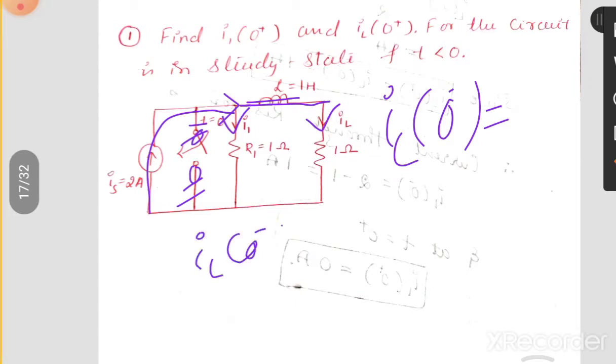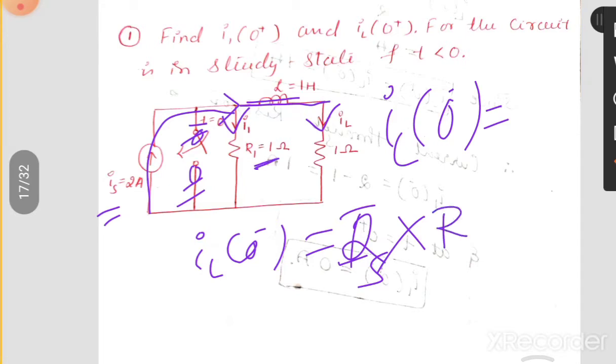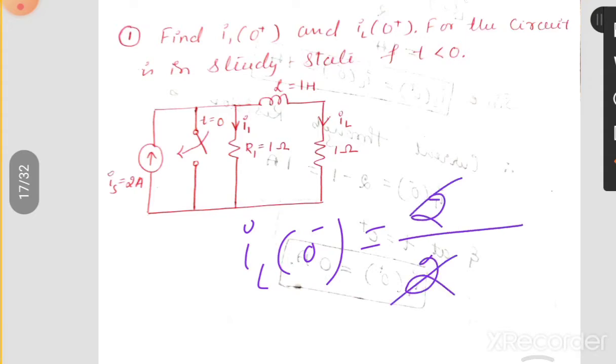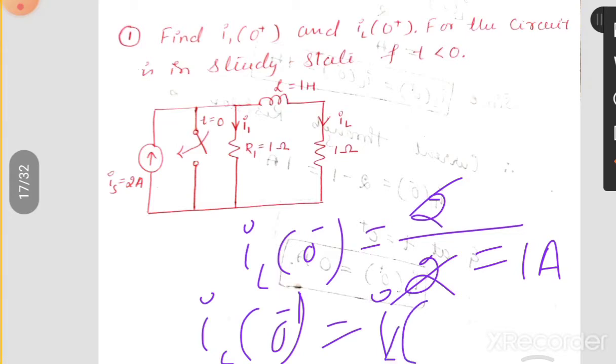IL of 0 minus will be equal to the main current, 2 ampere, that is your IS, times the resistance of the other branch, 1 ohm, that is R1, divided by the total resistance, R1 plus 1 ohm. So IL of 0 minus is 2 ampere divided by 1 plus 1, which is 2, giving 1 ampere. Since you have got IL of 0 minus, this is also IL of 0 plus, because in an inductance the current will not change immediately.